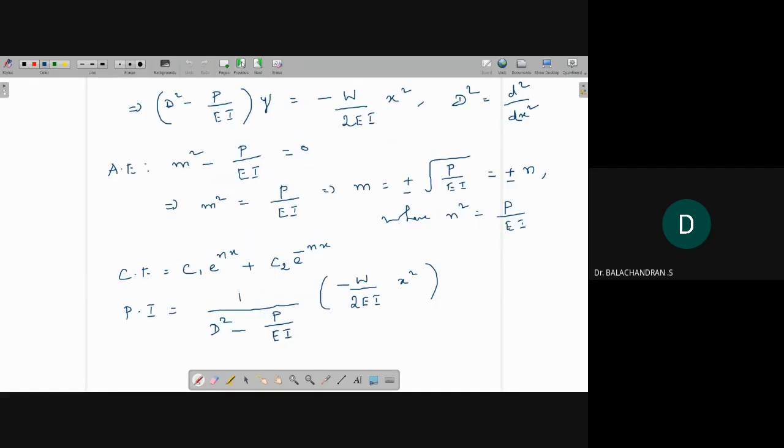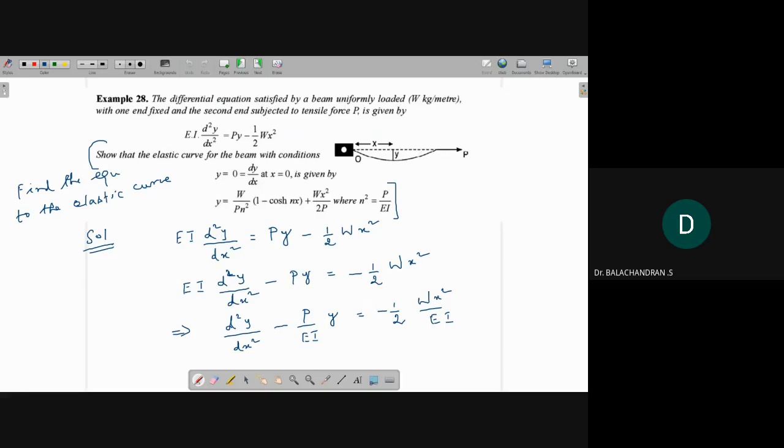So for this, they are given a condition here. When x is equal to 0, y equal to 0, and similarly when x is equal to 0, dy by dx is 0. Okay, so here it is one fixed end. The second end is subjected to the tensile force.